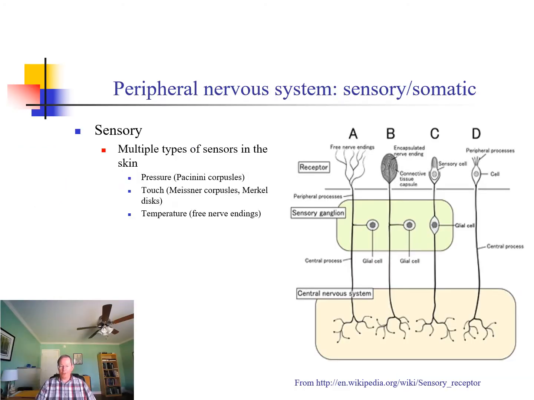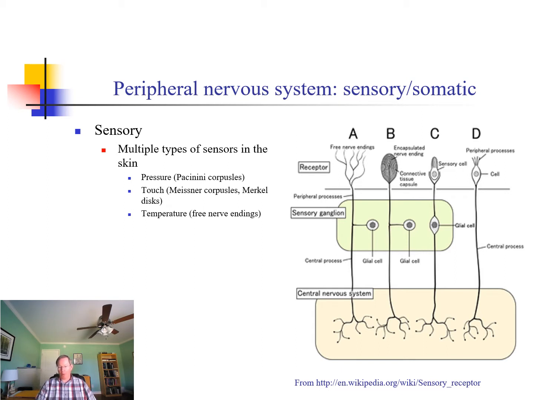Now, on the sensory side, I have lots of different sensory inputs, and these sensors are located in different locations. For example, in the skin, I have sensors for pressure, touch, and temperature, and those will all send nerves back to the spinal cord.